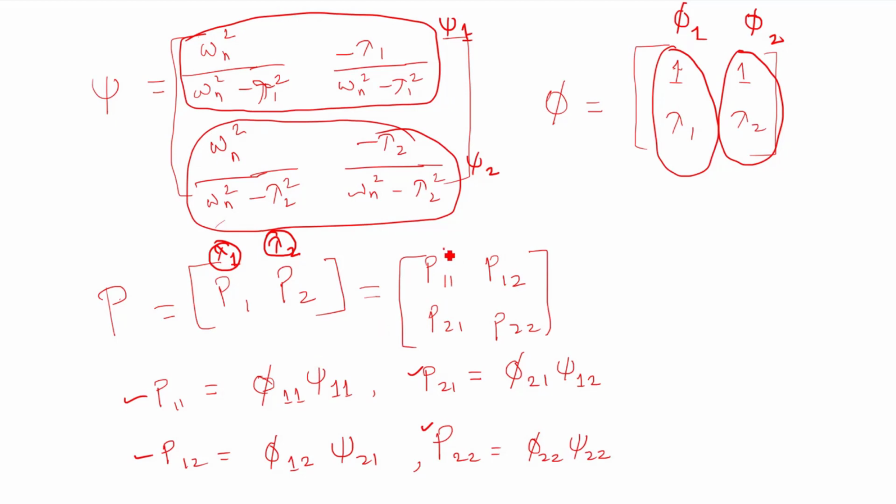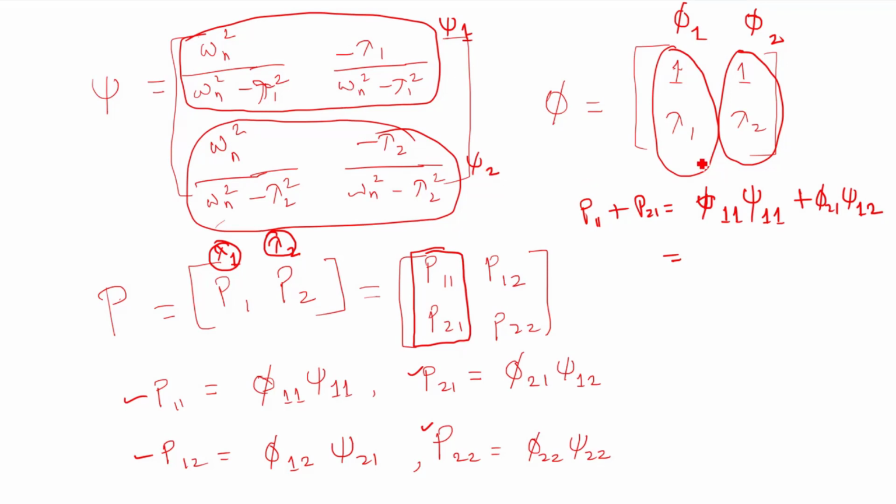If I add the column, P11 plus P21, that will give me phi11 into psi11 plus P21, which is phi21 psi12. If we multiply these elements and add them, it will give me 1. Just check it. Obviously you will find the value 1, right?